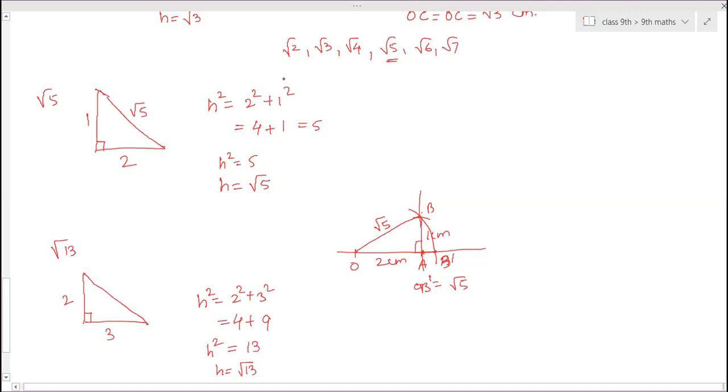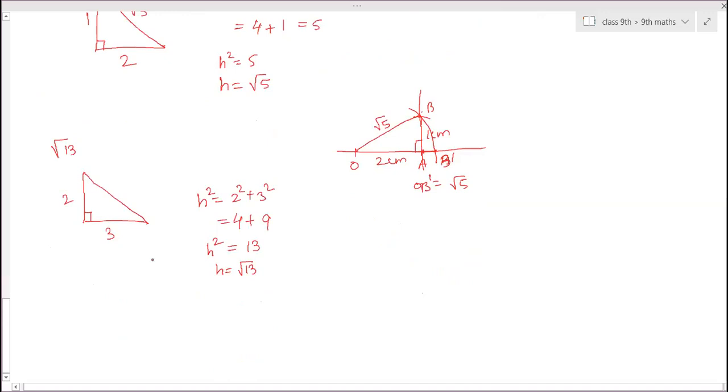Okay, so you have to draw the right triangle with two sides as 3 and 2. Draw base O, the 0 value, to A, this is 3 centimeter. Draw a perpendicular at A, then cut a 2 centimeter arc, that is point B, and then join OB.